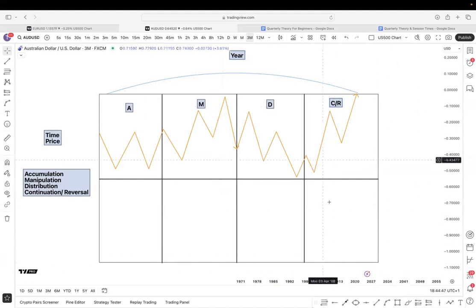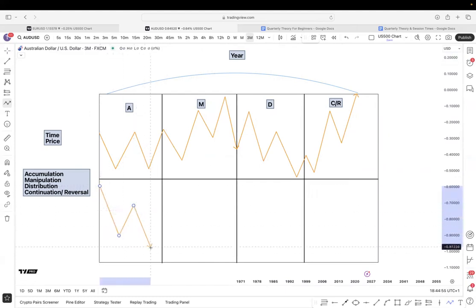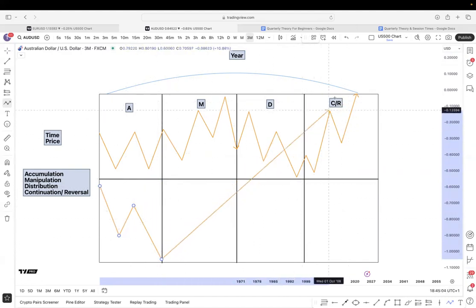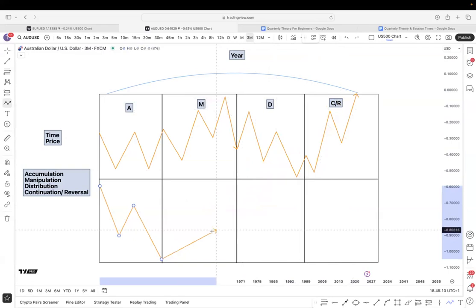Now, sometimes it doesn't work like this. And actually, sometimes you would get this area just kind of doing some form of expansion. Now, once we've had an expansion in price, or even a continuation, or reversal, we are not expecting to manipulate in this next cycle, because we've already continued here.